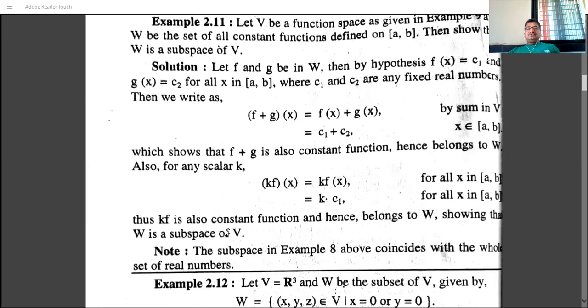Now we have to show the second property. Let K be any scalar, and consider Kf, because we have to show Kf belongs to W. What is (Kf)(x)? It is K times f(x) by the definition.